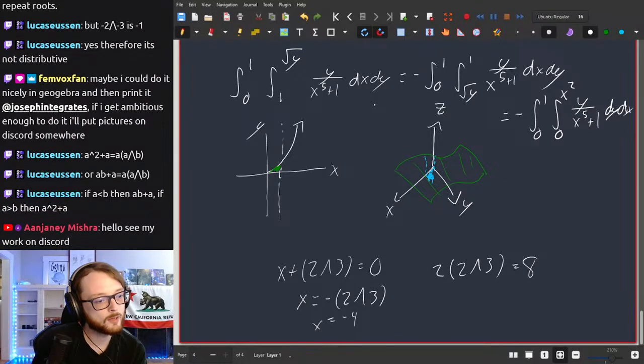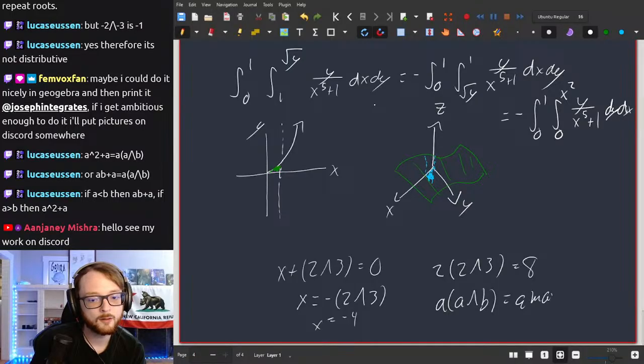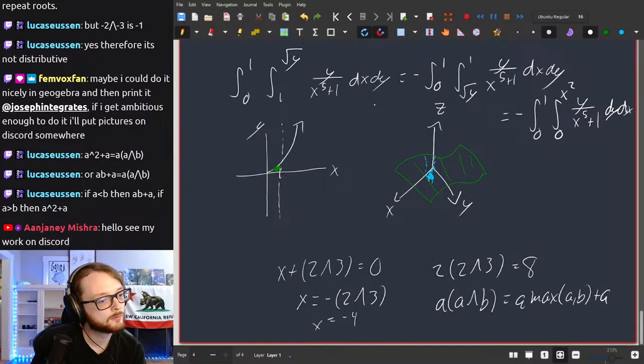Okay, so yeah, maybe you could express it more simply as A wedge B is equal to A max AB plus A. Am I doing that right? Yeah.